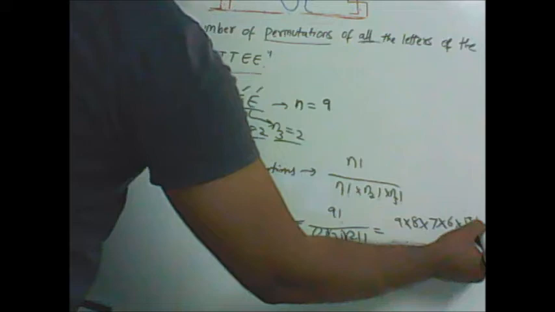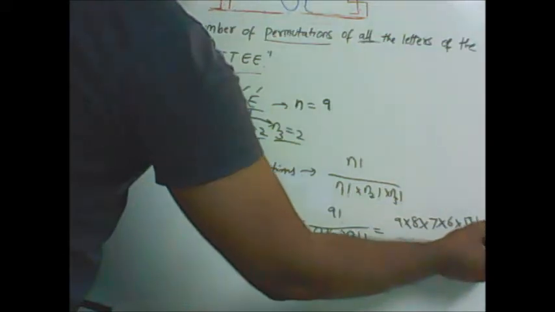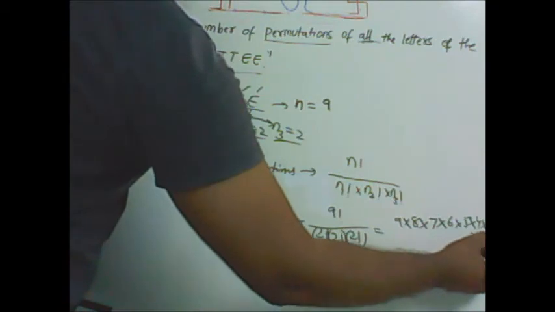From which we will get 9 into 8 into 7 into 6 into 5 into 4 into 3 into 2 into 1, total divided by 1 into 2 into 1 into 2 into 1 into 2. Okay, so this 2 and 2 cancelled.